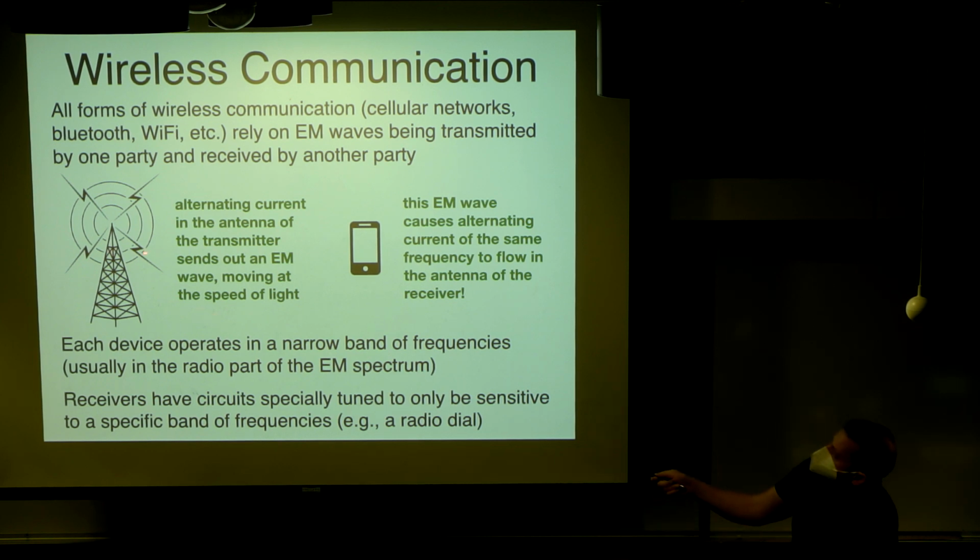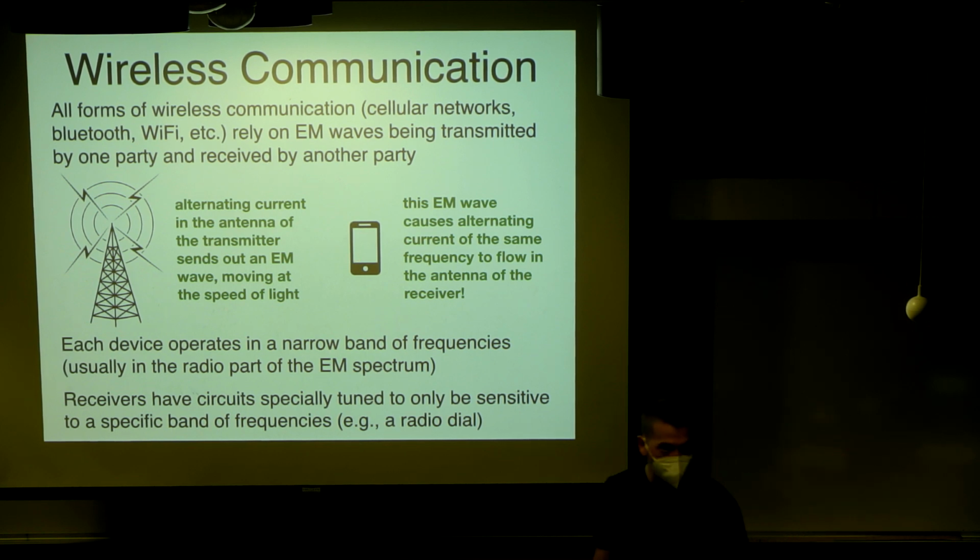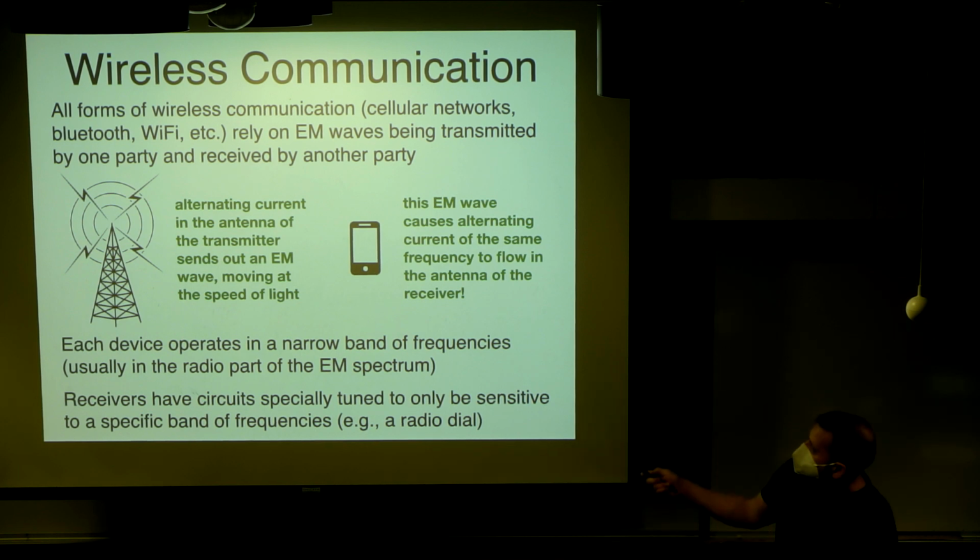All right, so from the transmitter, we send out an EM wave, which contains all the information that we're trying to encode, and that moves at the speed of light. So then that gets received by your receiving device, okay? This could be the radio tuner in your car or your phone, whatever the case may be. What's going on in that device?